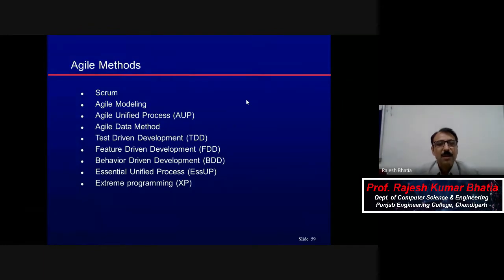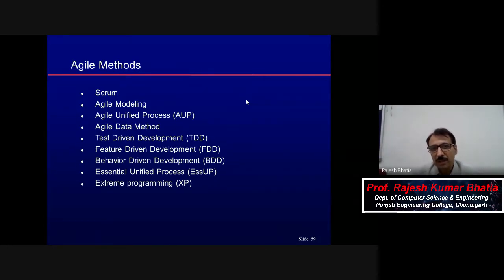Agile methods are Scrum, Agile modeling, and Agile unified process. Like there is a unified process for object orientation, for Agile it's more or less similar. Then there is the Agile data method, and test-driven development, because data also may increase. In the challenges I will also discuss that scope creep may be there.